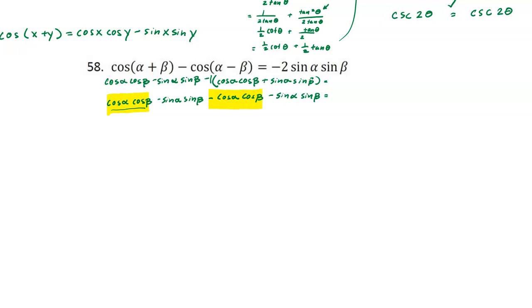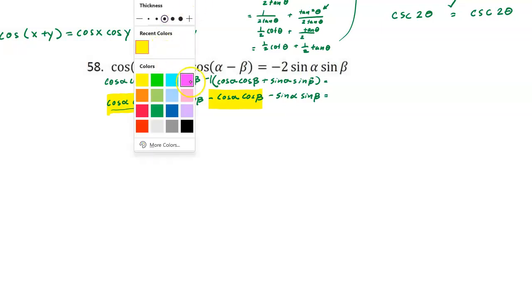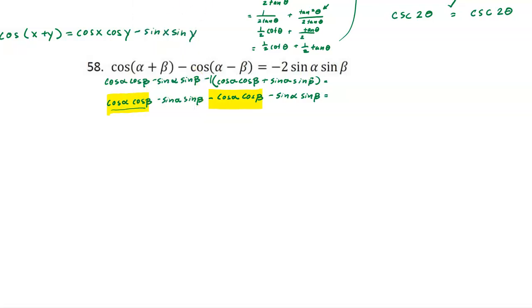Those will cancel out. And then we have a 1, -1, and a -1. So that's going to be -2 sine of alpha, sine of beta equals the left-hand side. Check. Good job. Okay. Next problem.